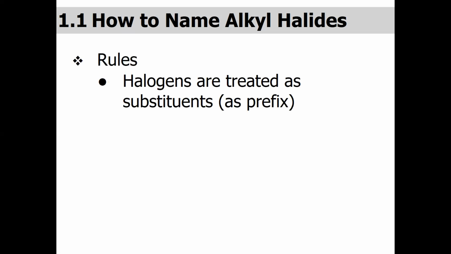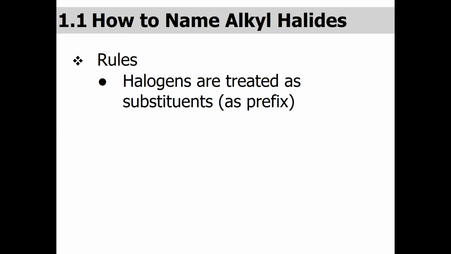Now we will discuss how we can name alkyl halide. Students, keep in mind that all rules for naming alkyl halide are the same as we have discussed in case of alkanes. If you know how to name alkane, if you know how to name alkene, you can easily name any alkyl halide. Now I am not focusing on all rules, but only the rules for halogen-containing alkane.